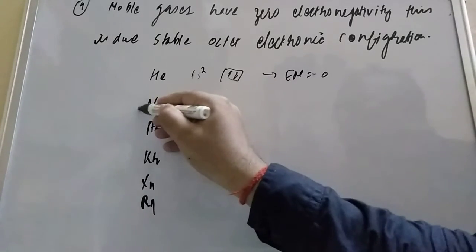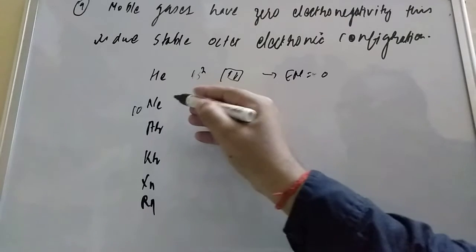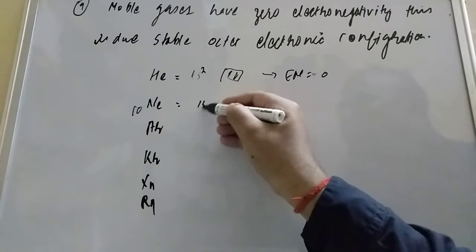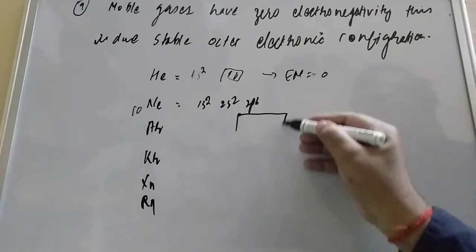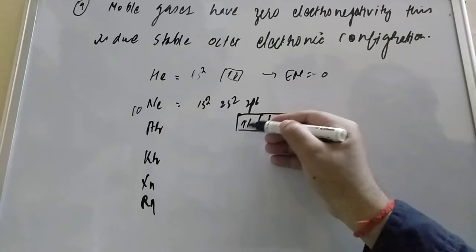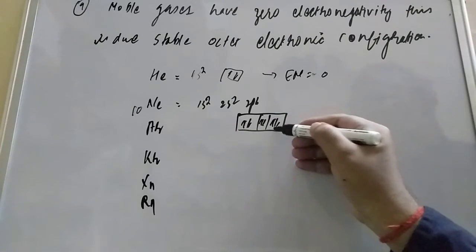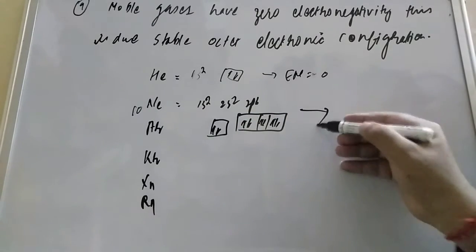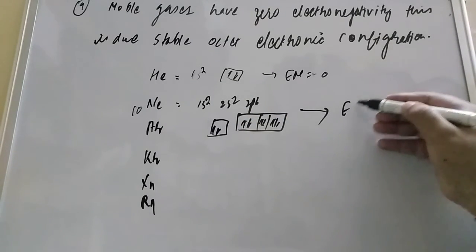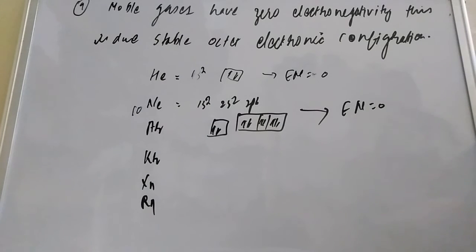If you talk about neon, it is atomic number 10, so the configuration is 1s2, 2s2, 2p6. In 2p6 there are six electrons, all filled, and the valence shell is also filled, so the octet is complete. Octet filled means electronegativity will be 0.